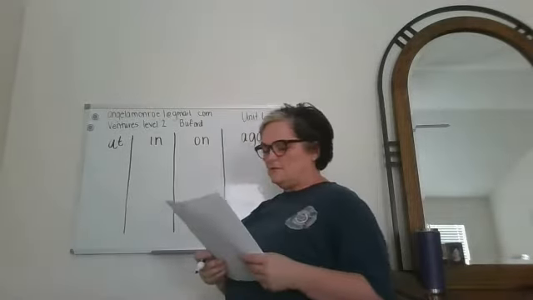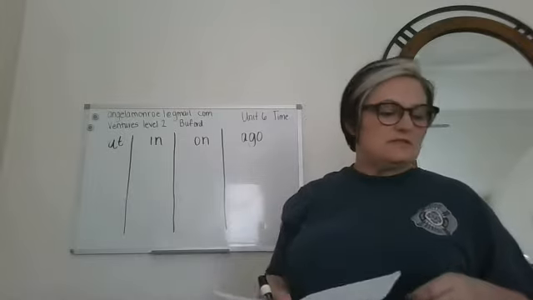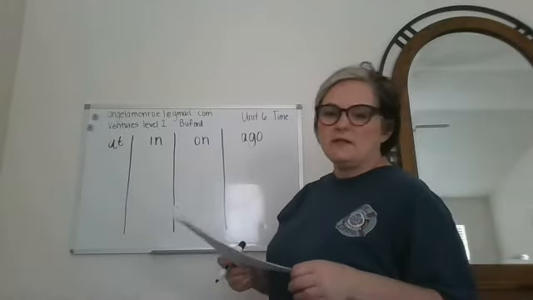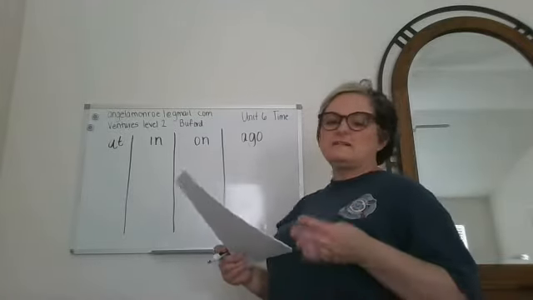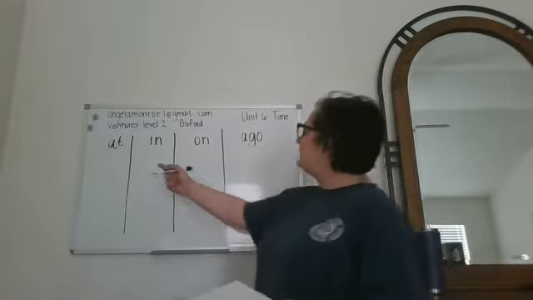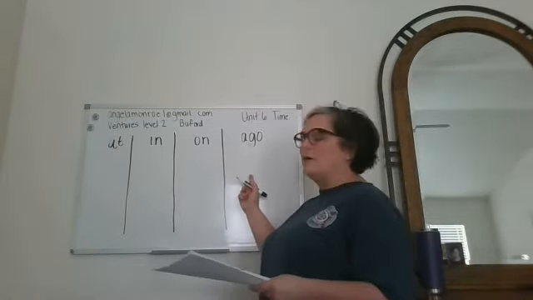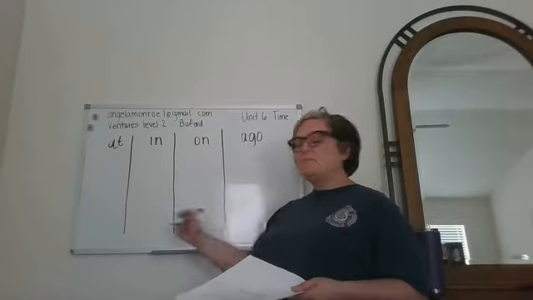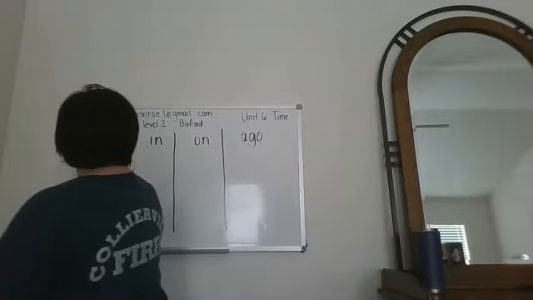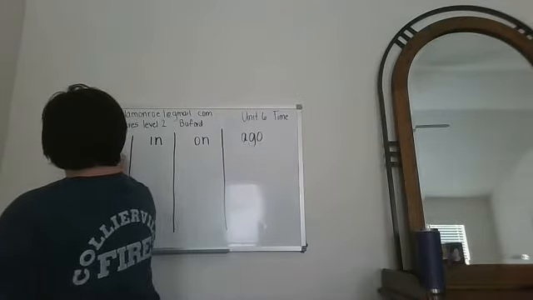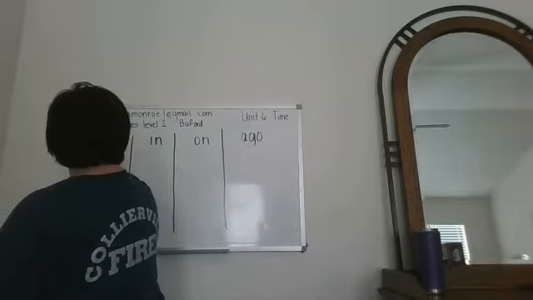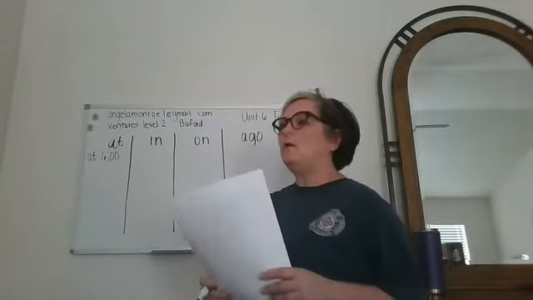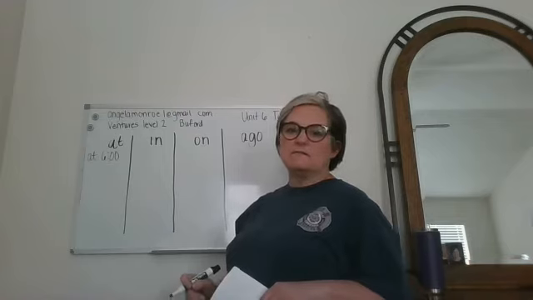So let's look at those and let's do some times in practice. Okay, so what if it was 6 o'clock? Which one would we use? At, in, on, or ago? Since it's a specific time, we're going to use at. So it would be at 6 o'clock, right?